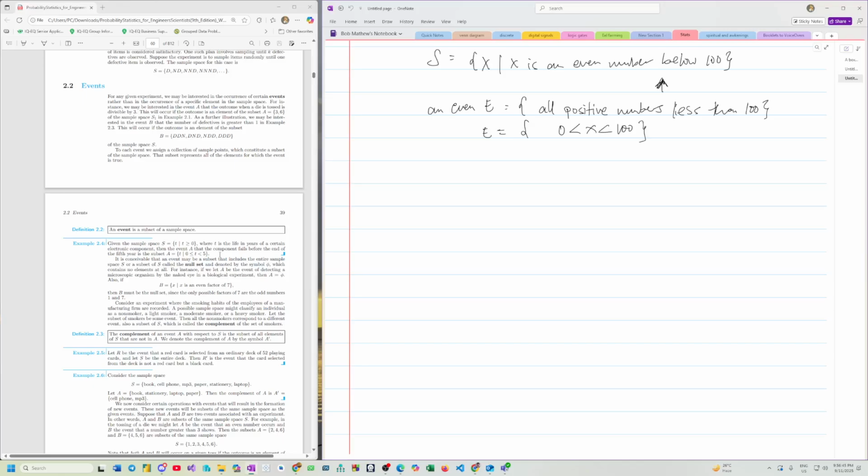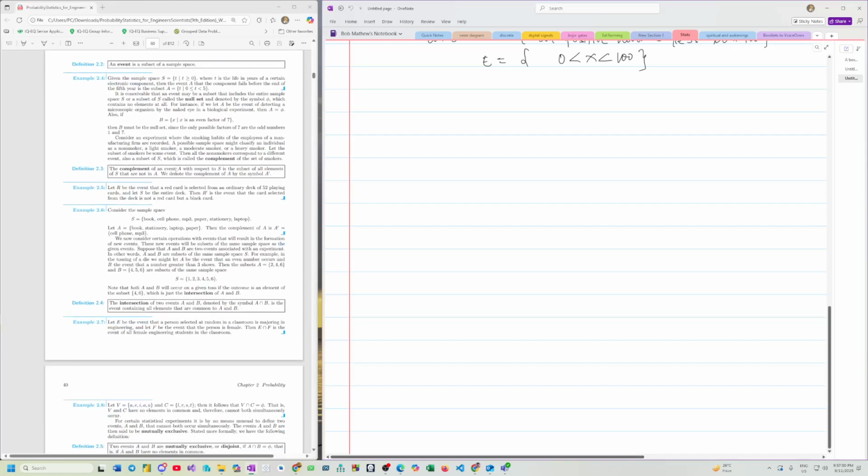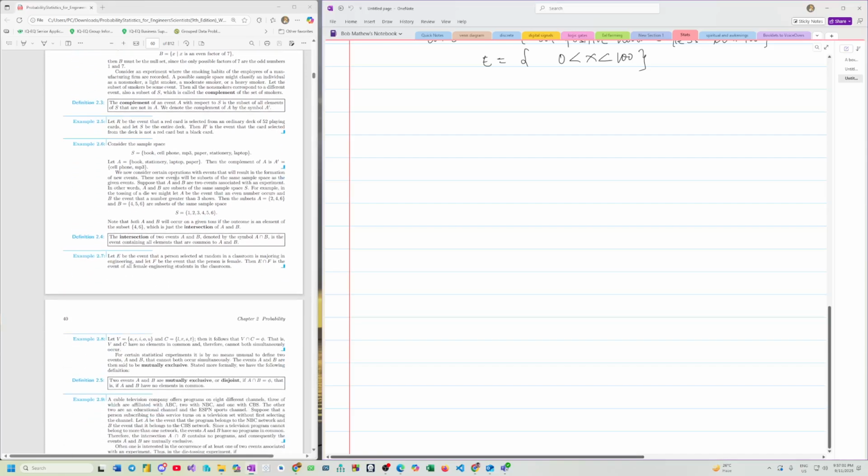We know that this is a subset of it. We're not going to go through all of the parts of the subsets and sets because these should have been covered previously, but let's go to some of the important examples.